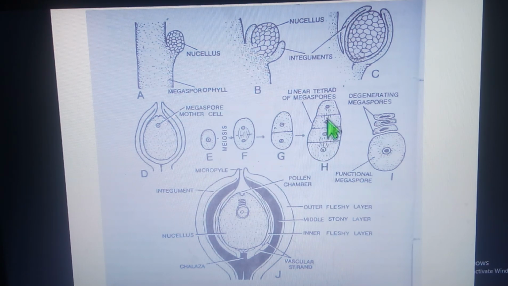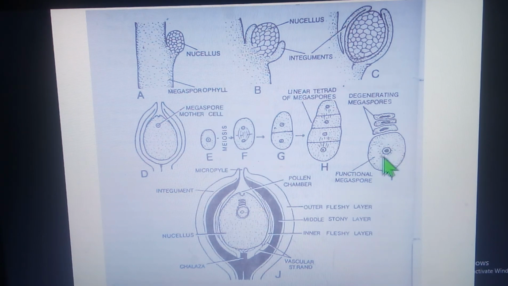What happens to the other 3 megaspores? These 3 megaspores, which lie towards the micropylar end, will degenerate. You can see they start to degenerate and provide nourishment to the developing megaspore cell.